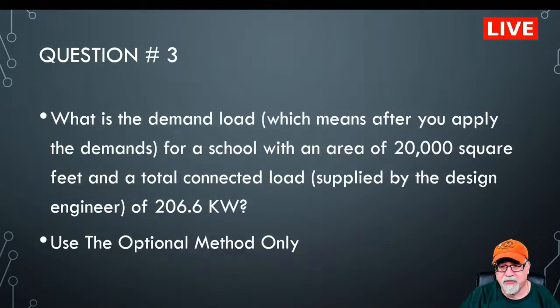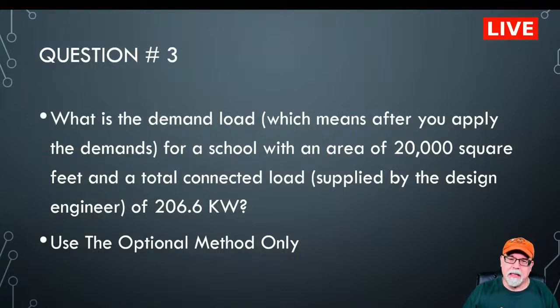Let's go to the last question we're going to discuss in this one here. Question number 3. What is the demand load? Again, another way of asking a question that says, hey, guess what? It means you got some demand you got to apply here. For a school with an area of 20,000 square feet and a total connected load supplied by the design engineer of 206.6 kW.